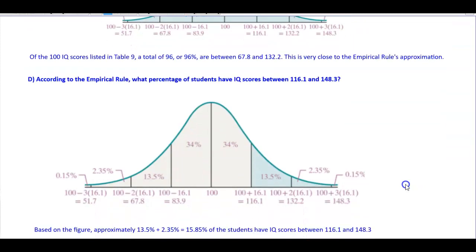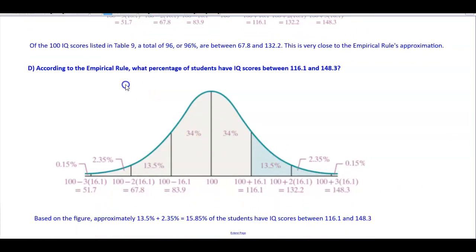Part D says, according to the empirical rule, what percentage of students have IQ scores between 116.1 and 148.3? Let's take a look at that. We're looking at 116.1 and then 148.3. This represents all the information in between those two values.